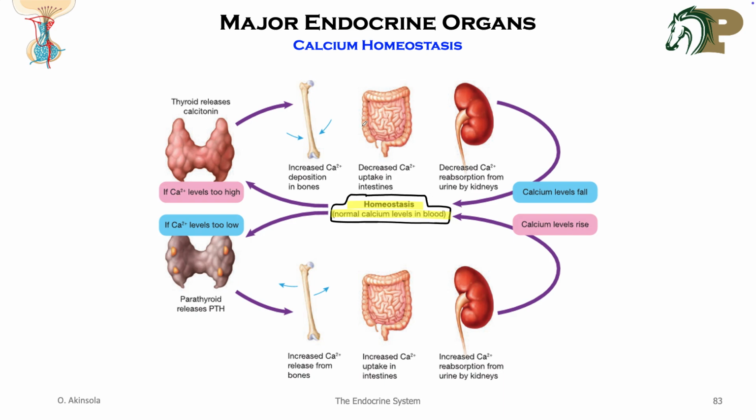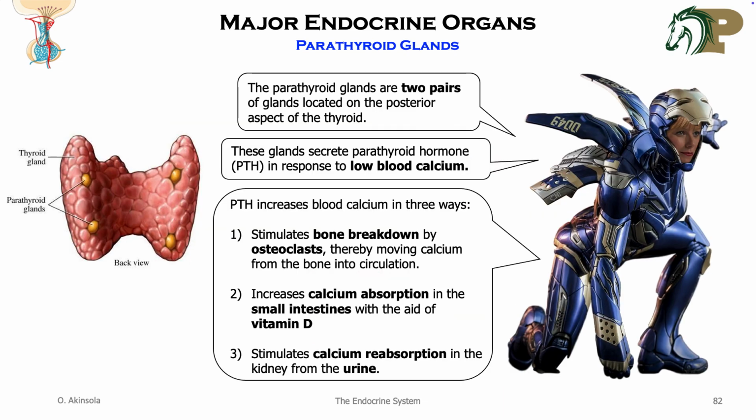Okay. If calcium levels get too high, then calcitonin is released from those parafollicular cells of the thyroid. That will cause increased calcium deposition. Okay, so think about this. We just went through 3 methods on this slide by which PTH can increase blood calcium.